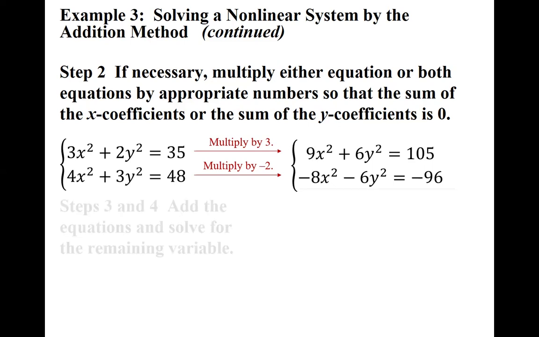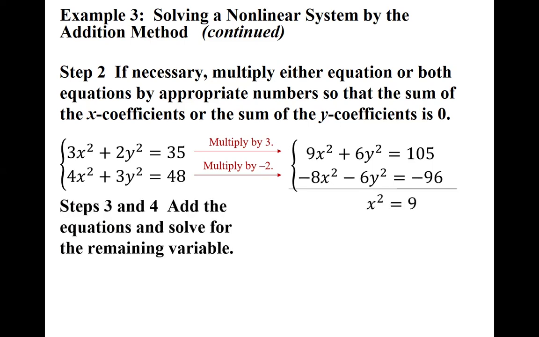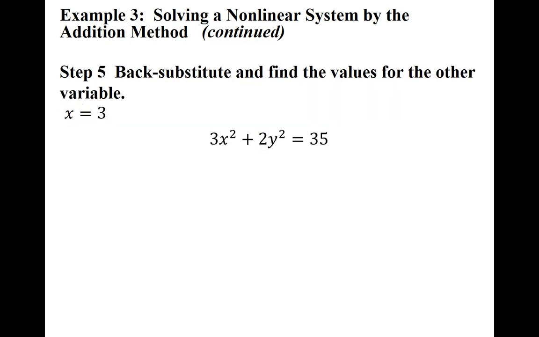When we add these together, we get x squared equals 9. When we solve x squared equals 9, we get x equals plus or minus 3. So once again, we have two x values. Let's start by back substituting the positive 3.